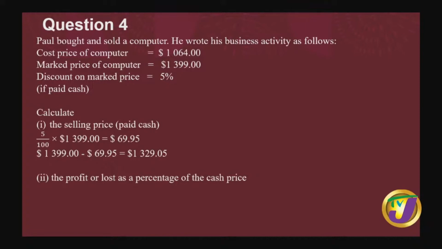Then I would have had to subtract that from my mark price, which means my selling price would be $1,329.05. So what are we seeing here now? The selling price is less than the marked price.